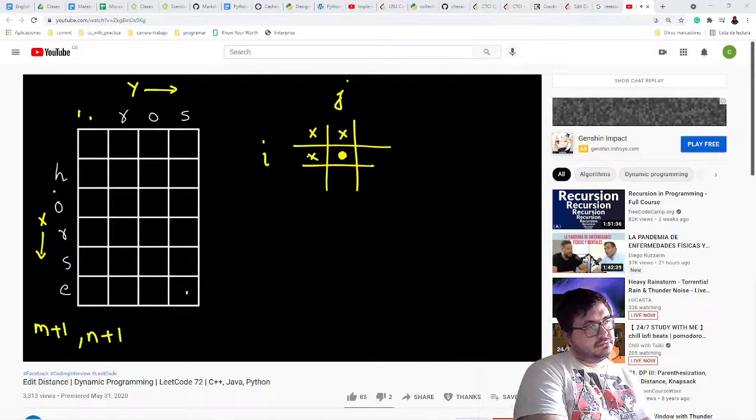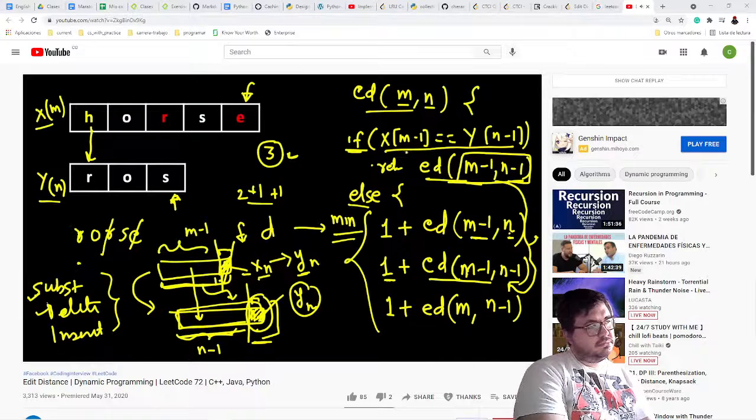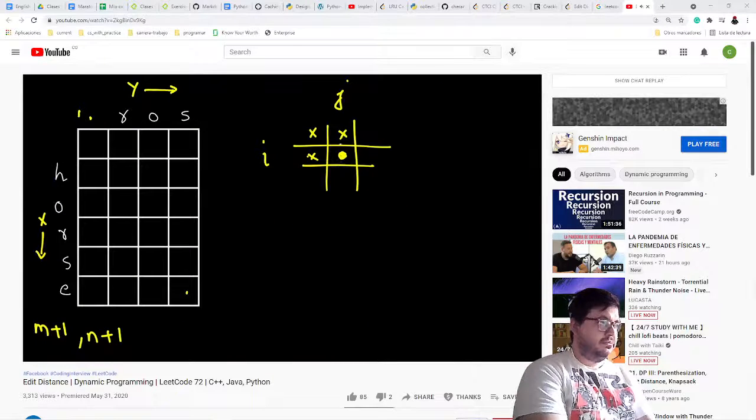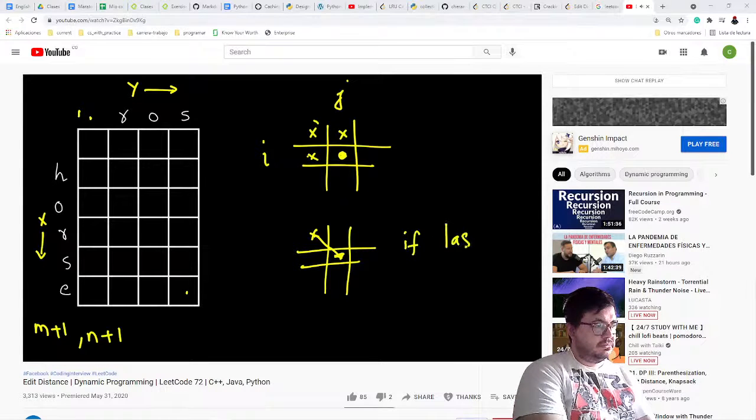And now what are the scenarios? These are the scenarios. If the last character is same, then we will need m-1 n-1, that is, if the last character is same, we will simply take this value. Simply put this value here if last characters are same.